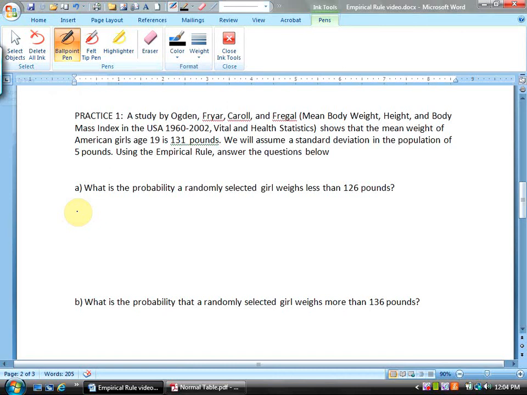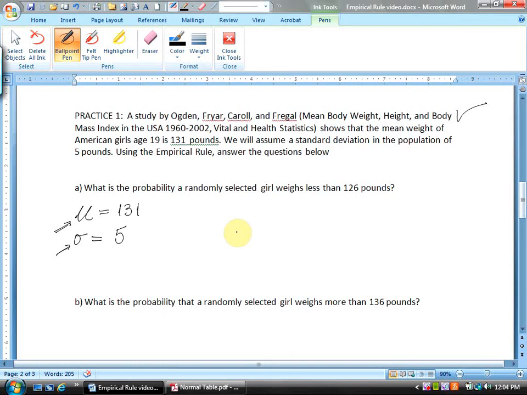We're talking about all the American girls. So we're talking about mu being 131. Now, we don't have a standard deviation, so we're going to assume 5 pounds. I am assuming this. The actual study did not show the standard deviation, so I'm assuming 5. And note, Greek letter. That means it's population values.